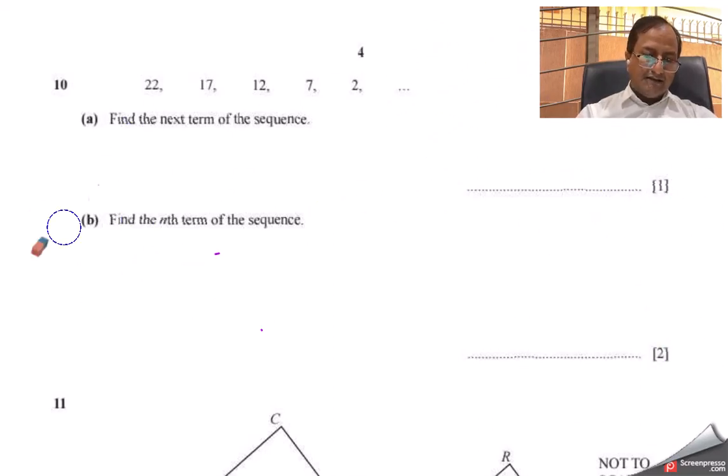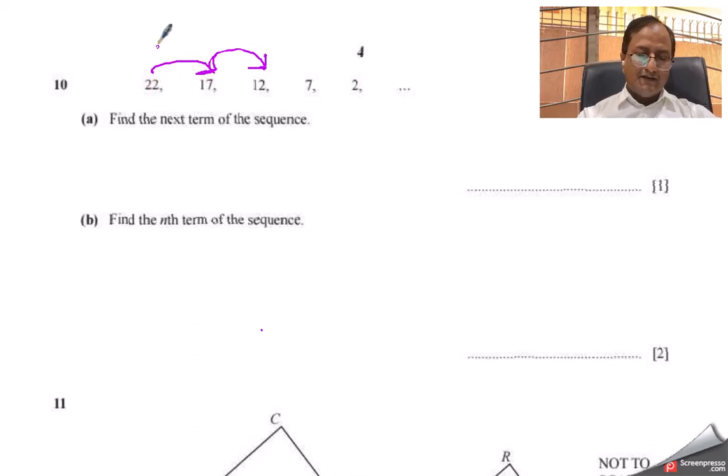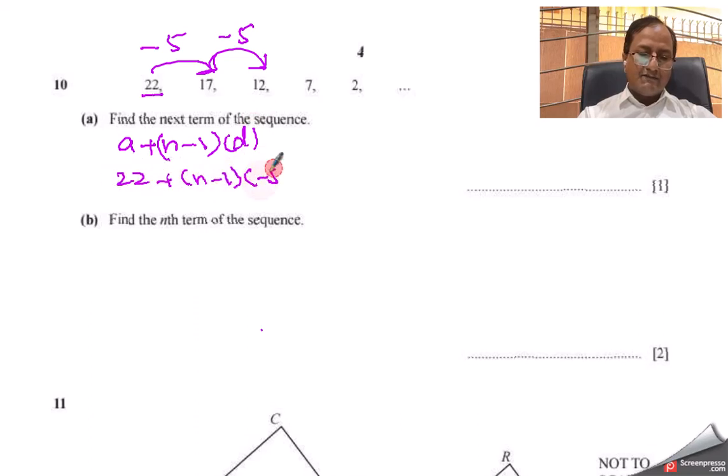Okay, for example, here we have find the nth term. The sequence is 22, and basically the difference is 5. We're supposed to subtract 5 to get the next term, minus 5. This is the difference, and here we have a. We're supposed to apply the formula a plus n minus 1 times d. a is 22 plus n minus 1, and the difference is minus 5.